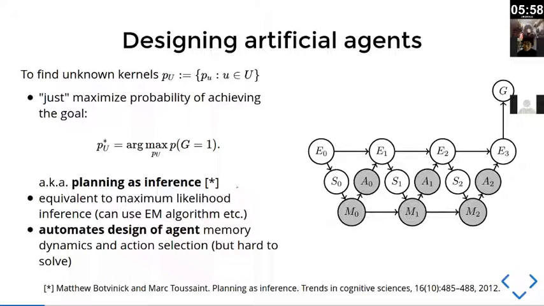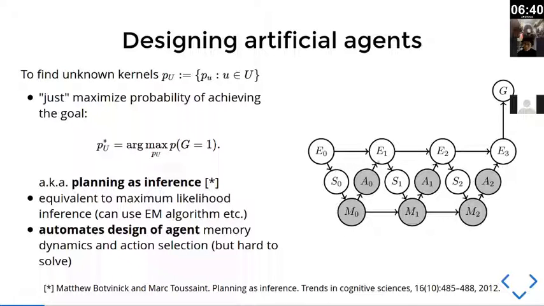The quite powerful thing you get if you write down this whole Bayesian network for the agent you want to design is that in principle you can use an algorithm to find those unknown kernels. First you can write down the problem that these unknown kernels should solve, and all you have to do is maximize the probability of achieving the goal.